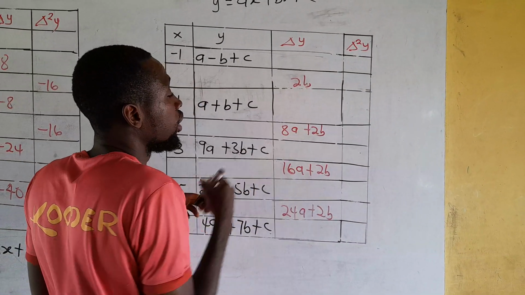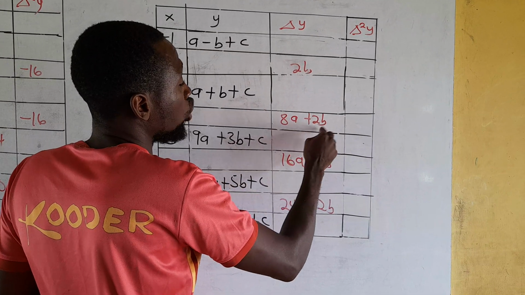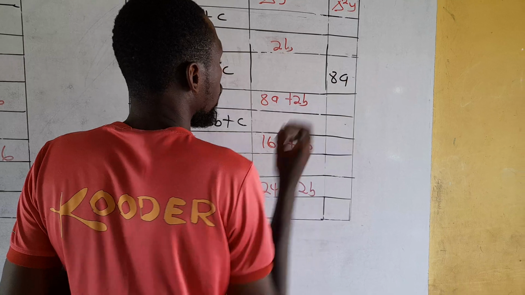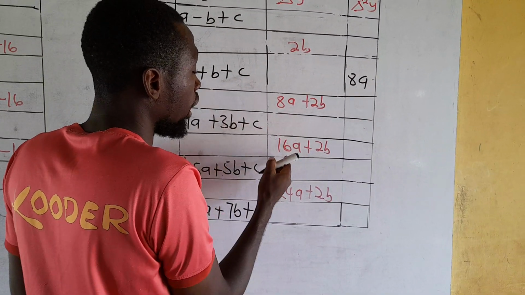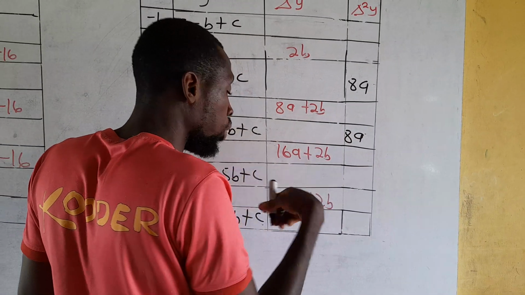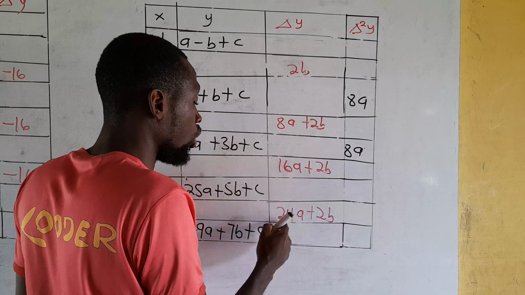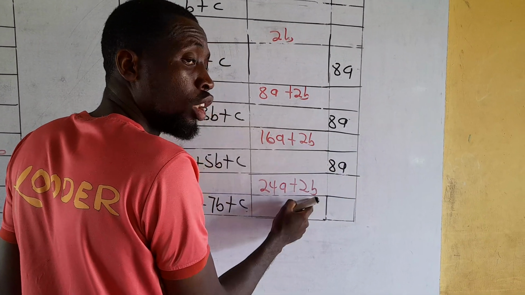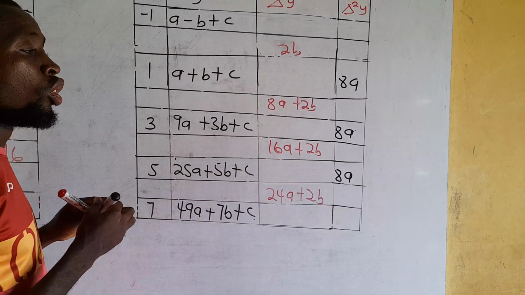So 8a minus 2b. So the 2b will subtract this 2b. We'll be left with 8a. Then 16a minus 8a will give us 8a. Then 2b minus 2b will be 0. 24a minus 16a will give us 8a. Then 2b minus 2b will give us 0.